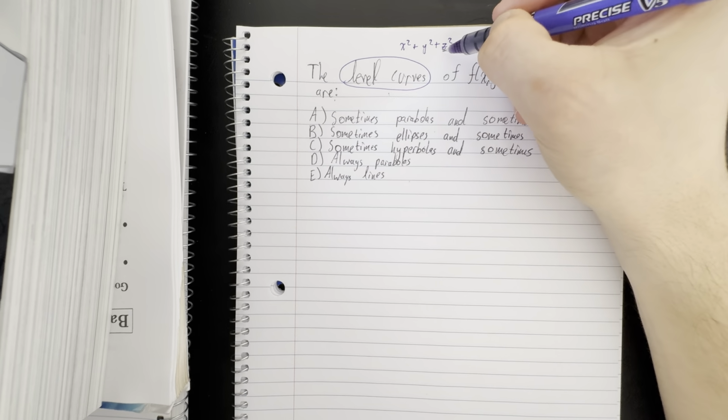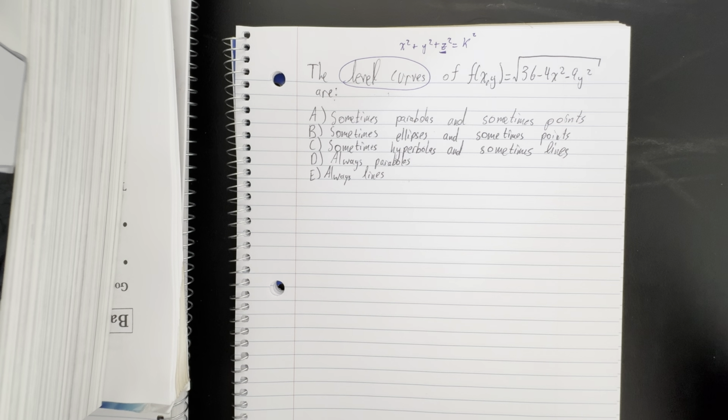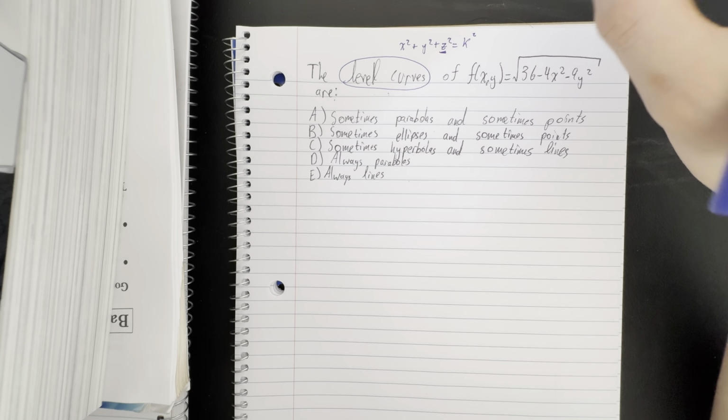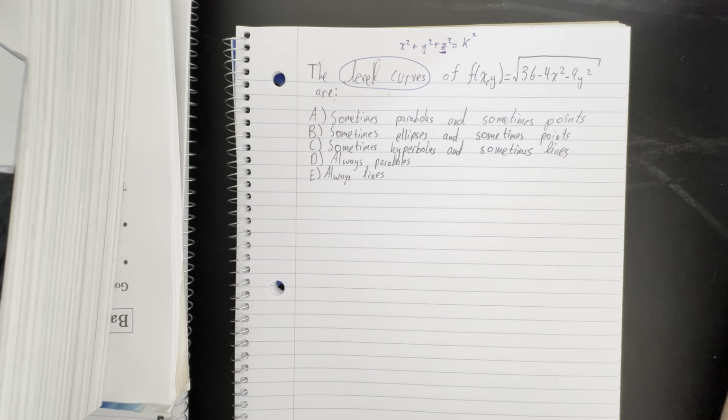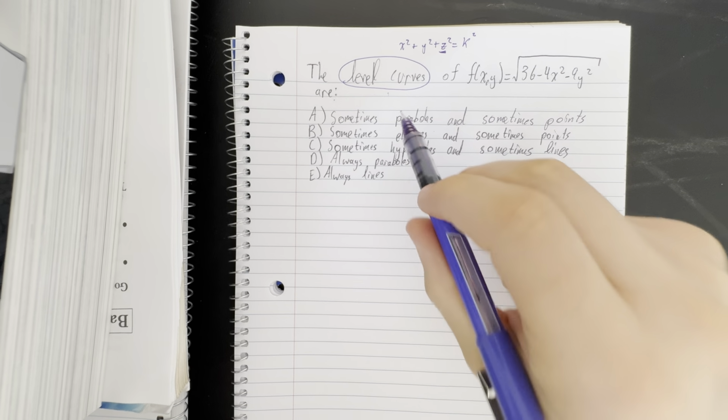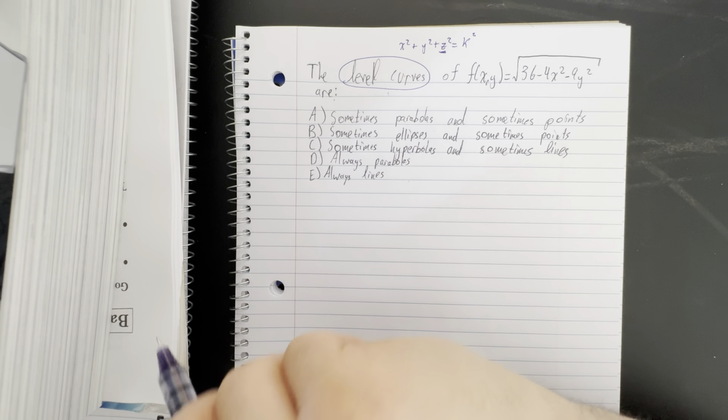A trace is when you set one of these to 0 and you observe what the curve looks like at that point. A level curve is when you set this to a constant value and you observe how the curves change relative to how this constant changes. So this one's the level curves, not the trace.